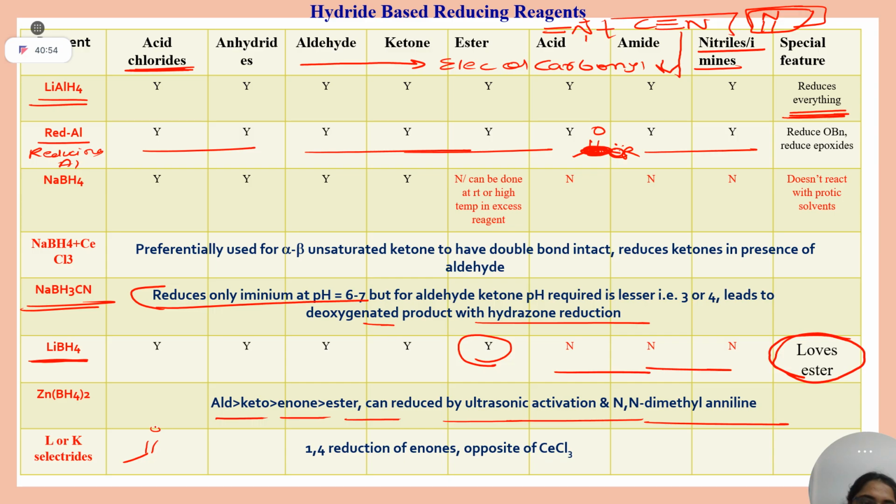You know that Luche's reagent helps to make allylic alcohol, but this is opposite. This does 1,4 reduction of enones, which means the double bond will be reduced and you will get this product. Understood? Is this chart clear to you? Should I tell the mechanism of one of the reducing agents?